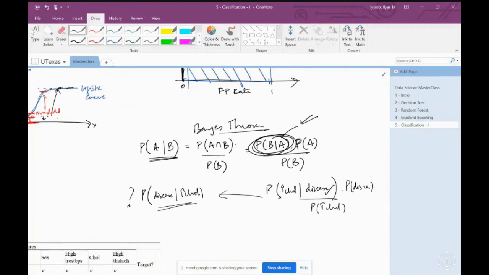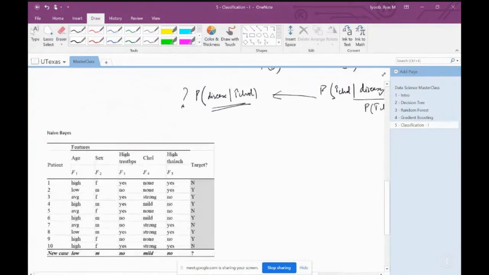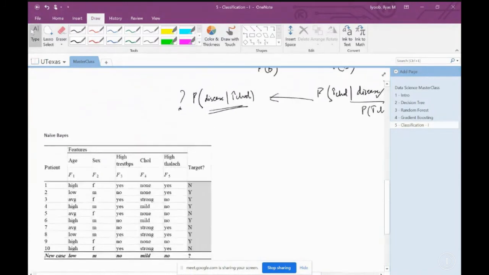So let's go ahead and apply that to this example. I've taken a small snippet of the data set and modified it to make this easy. Let's say we're only looking at 10 patients, and we've broken their ages down.